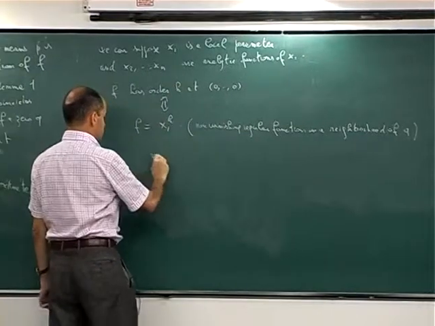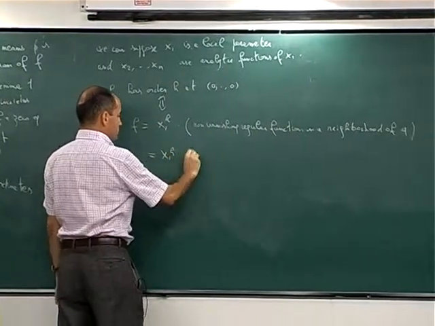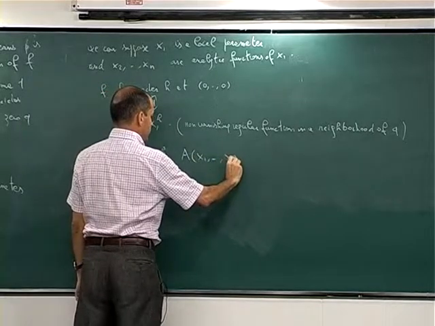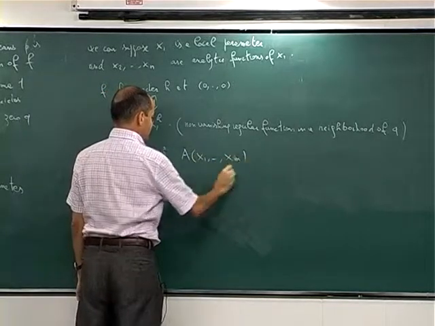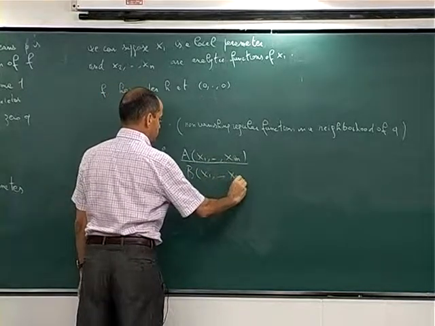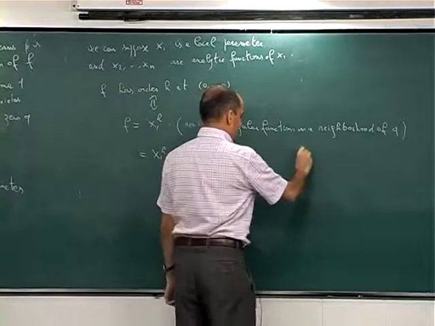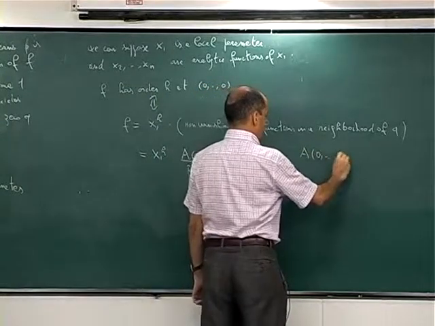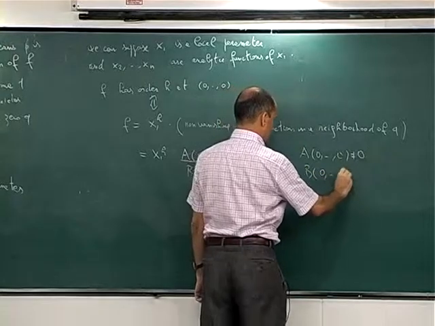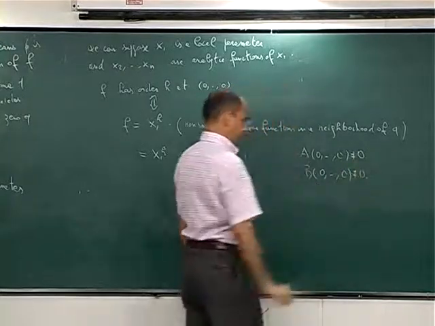So this means it is a rational function a over b, where a at the origin is not 0 and b at the origin is not 0.